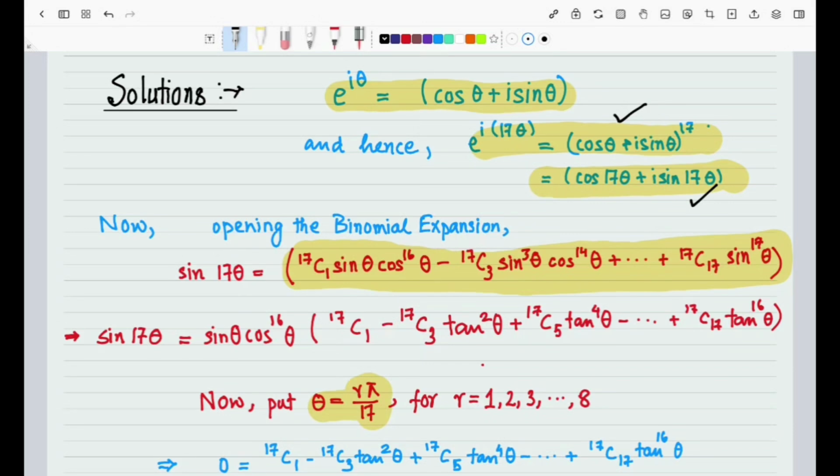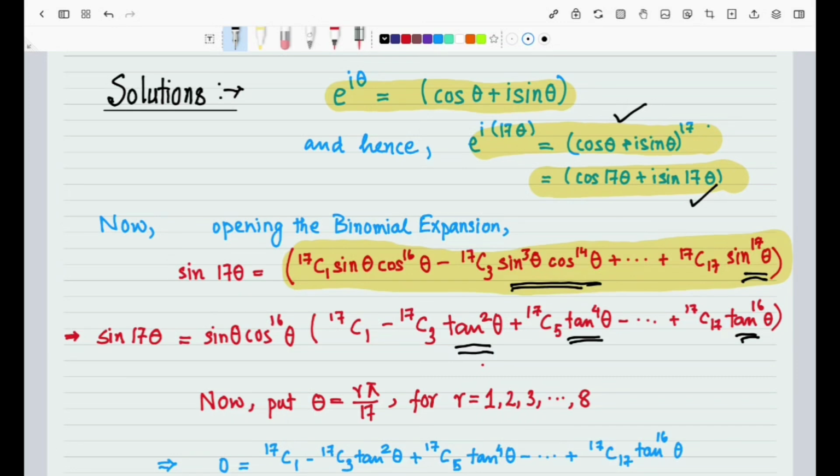I have taken this term outside the bracket, which helps because all the terms after it get converted into the format of tan square. This becomes tan square of theta, this becomes tan to the power 4 theta, and so on up to tan to the power 16 of theta.